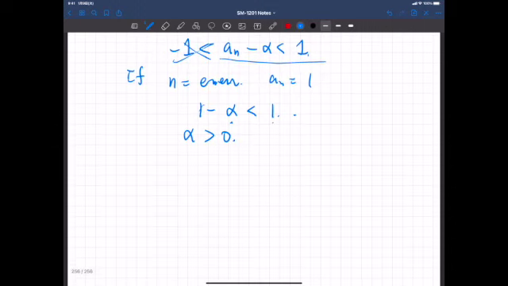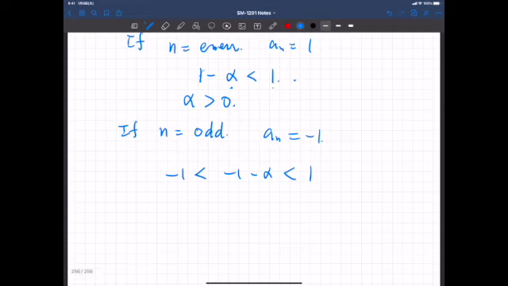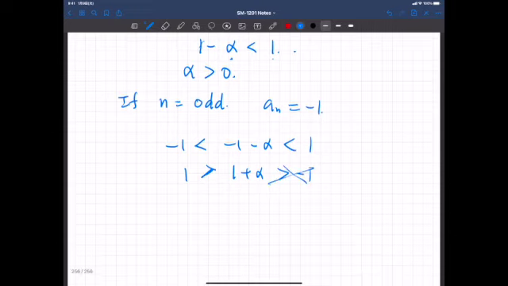Then if n is odd, then an is -1. So that means, wait a minute, -1 minus alpha is less than 1. If we multiply everything by -1, we have 1 plus alpha greater than -1, and we don't need this part here.